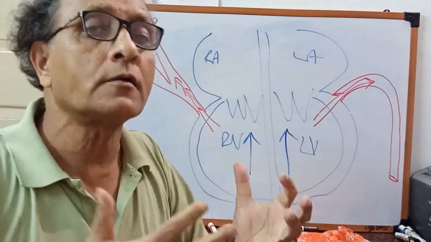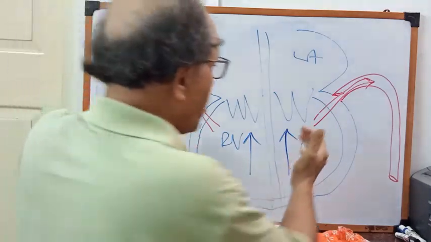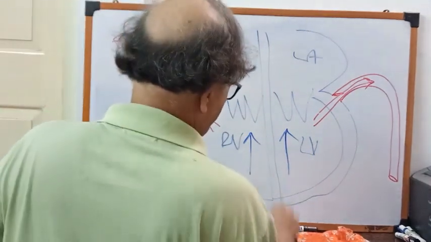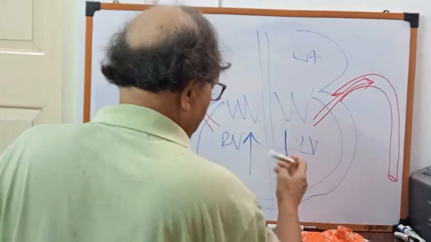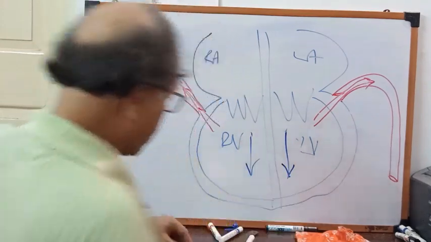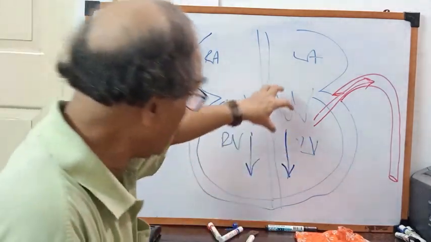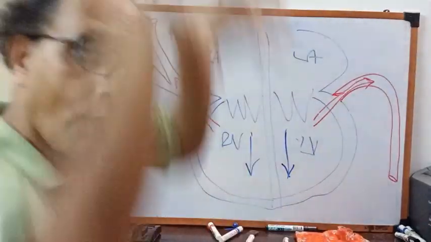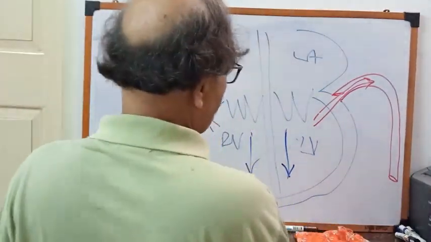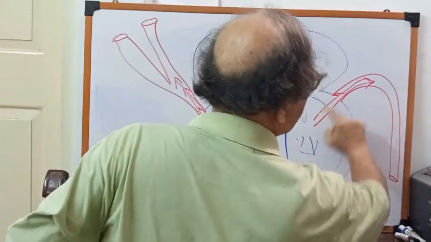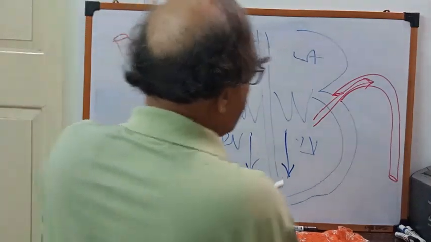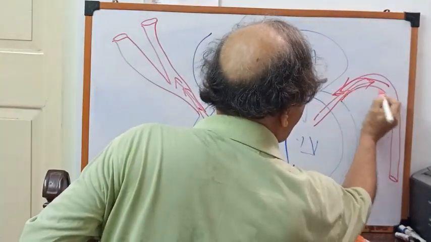Suddenly, the ventricle starts relaxing. As soon as the ventricle starts relaxing, the intraventricular pressure will start falling. And when the intraventricular pressure falls, the blood which was ejecting out will tend to regurgitate back.